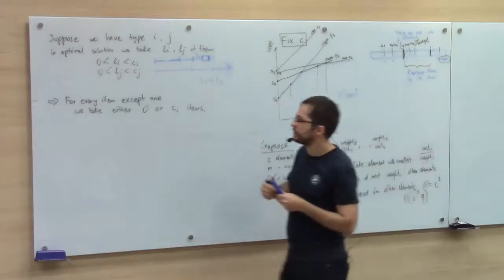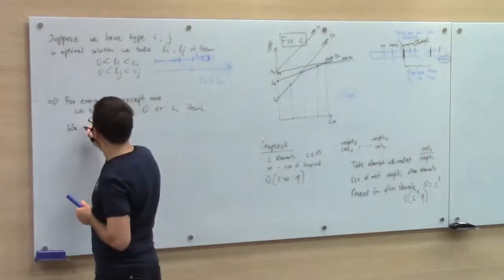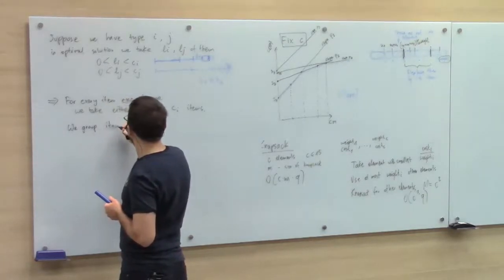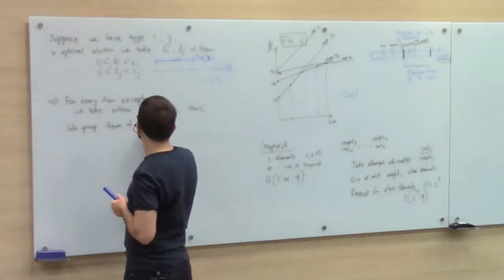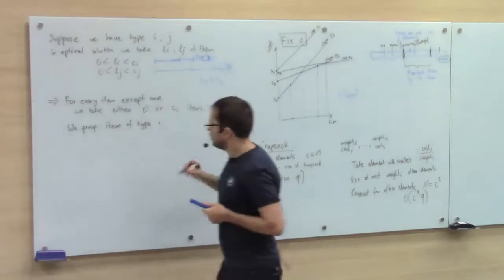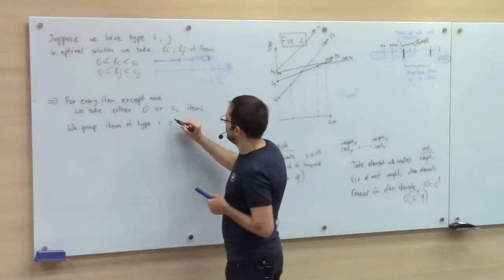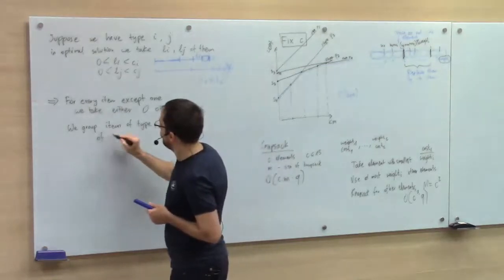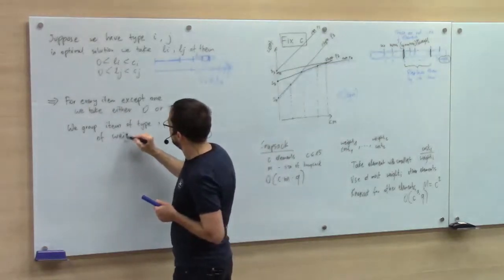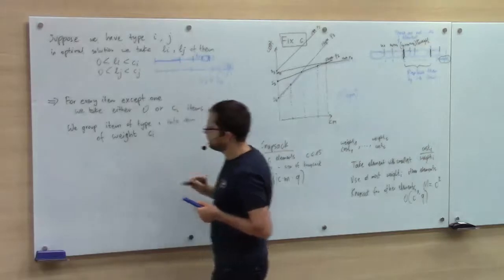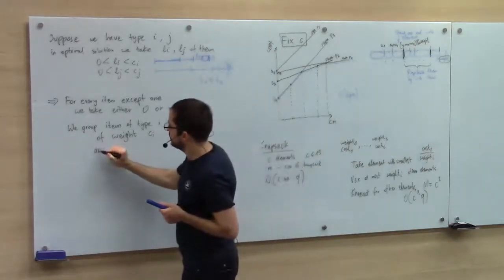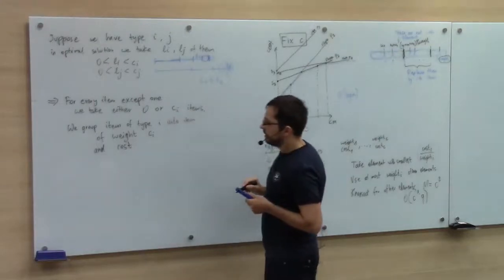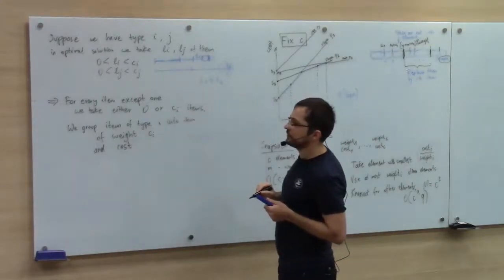So we group items of type i into an item of weight Ci and cost, and what will be the cost?